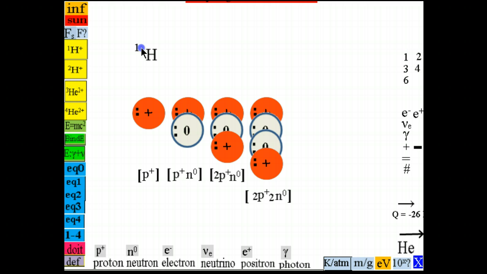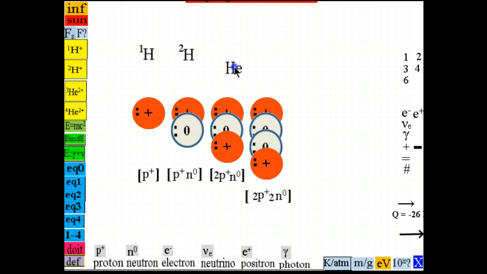This hydrogen has only 1 subatomic particle in the nucleus, so it is hydrogen 1. Here, this hydrogen is also hydrogen because it has only 1 proton, and it has 2 subatomic particles, 1 proton and 1 neutron, so we call it hydrogen 2.